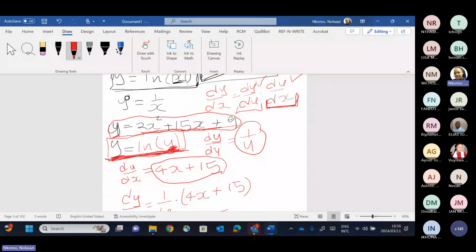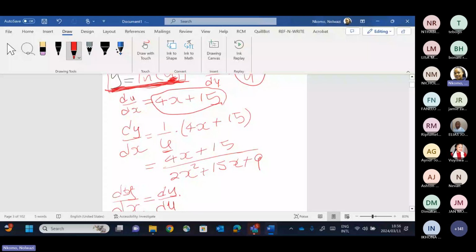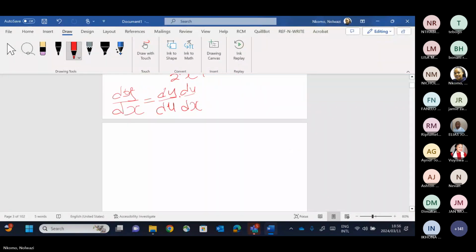So if we differentiate u, we'll have du over dx because u is a function of x. So our dy over dx is equal to dy over du times du over dx, right? This is how this thing works.